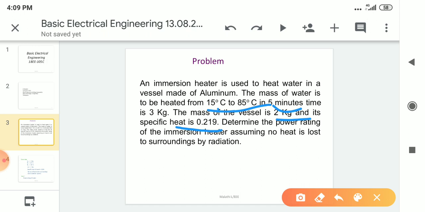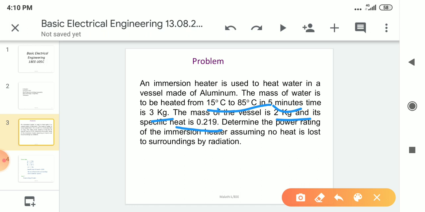The mass of the vessel is 2 kg. Here vessel and water, two masses are there. Here what is the question? They expect us to find the power rating of the immersion heater, assuming no heat is lost to surroundings by radiation.